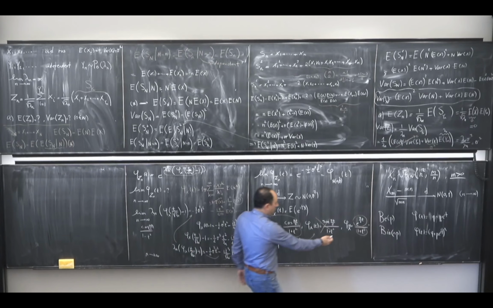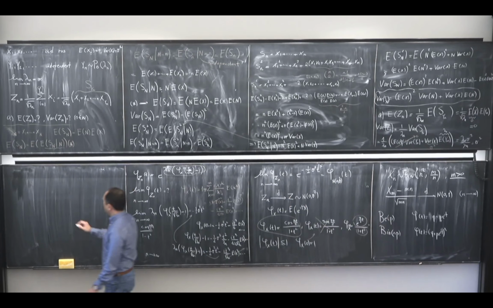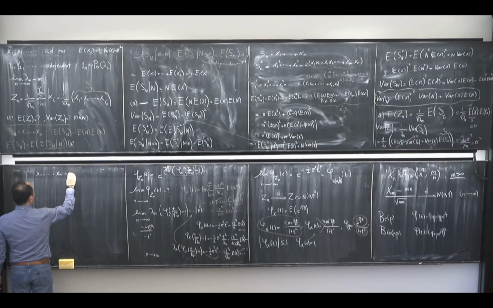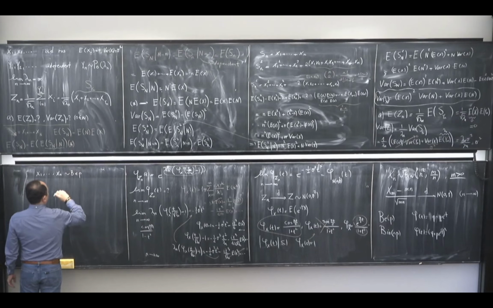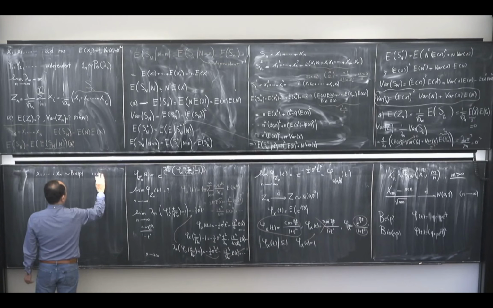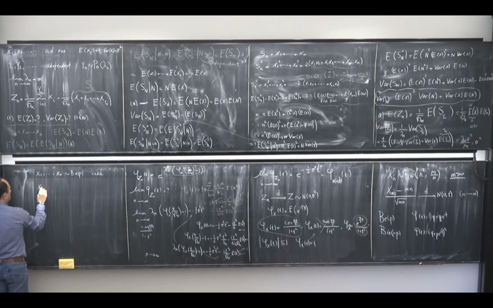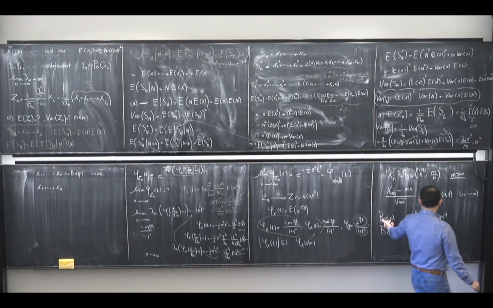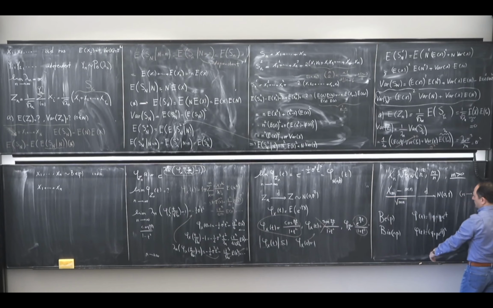From here, you can see that if X1 up to Xn are all Bernoulli, identically distributed and independent, can you tell me what happens for X1 plus up to Xn? I take n random variables, all Bernoulli, and add them up.